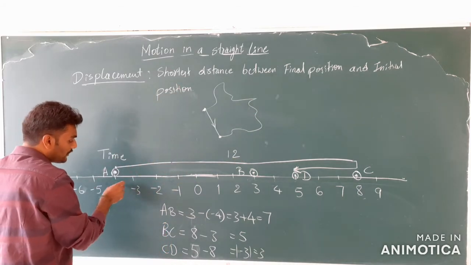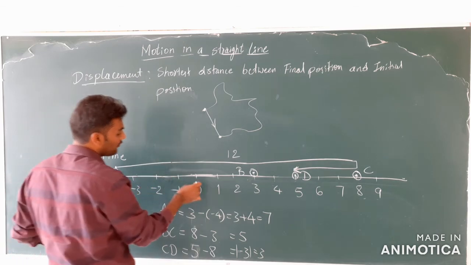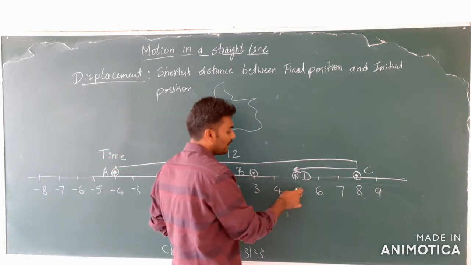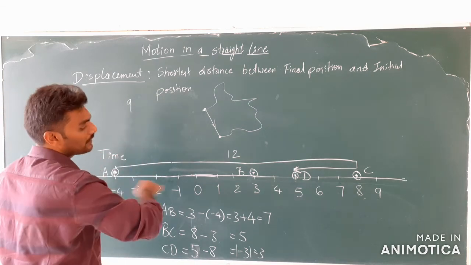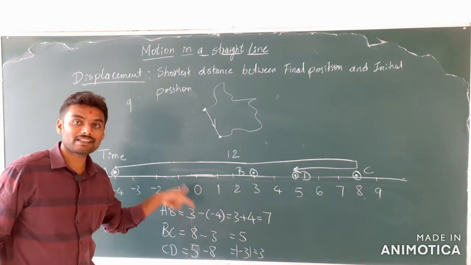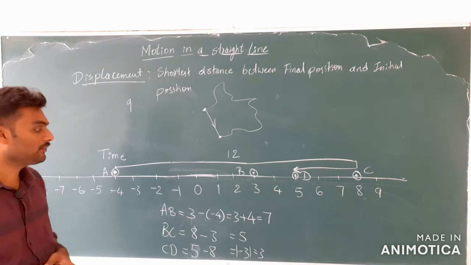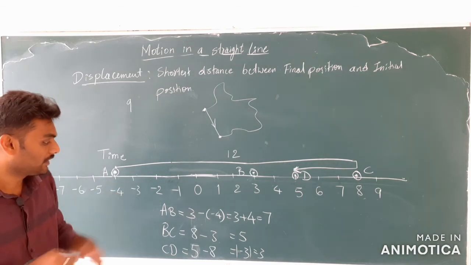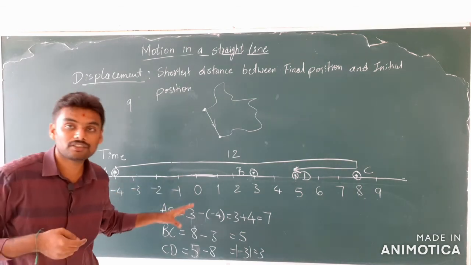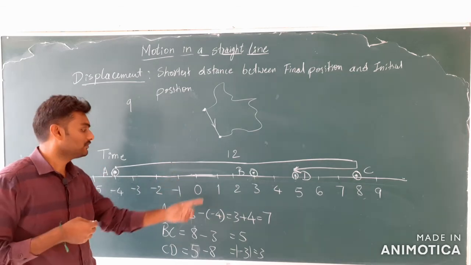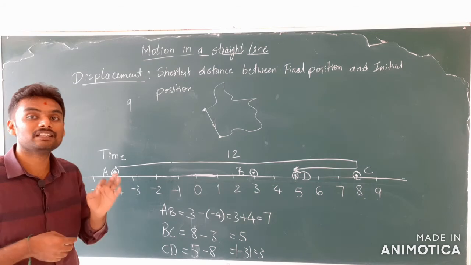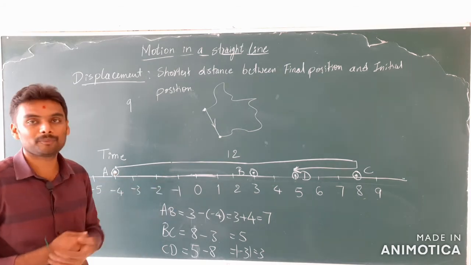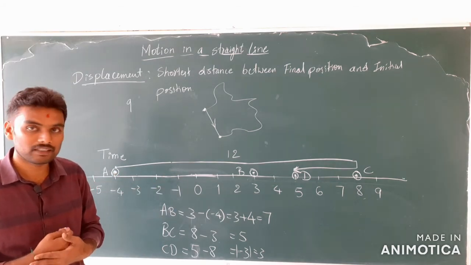But now it starts from this point, 1, 2, 3, 4, 5, 6, 7, 8, 9. So 9 units is the displacement for the same motion. Okay, 15 units is the distance for this example, but 9 units is the displacement for the same example. Okay, clear?